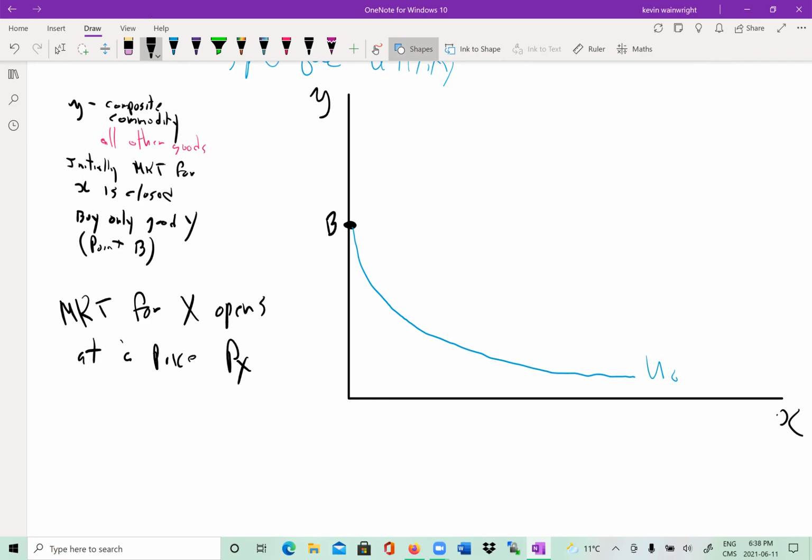So we come along and we say, now we're going to open the market for X at a specific price.